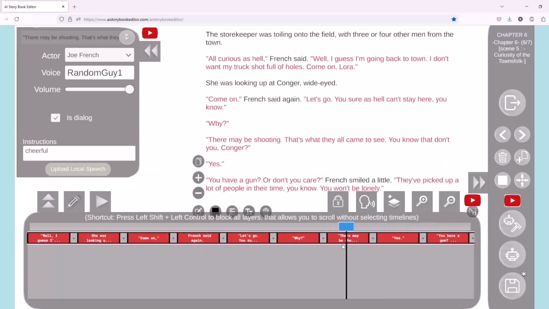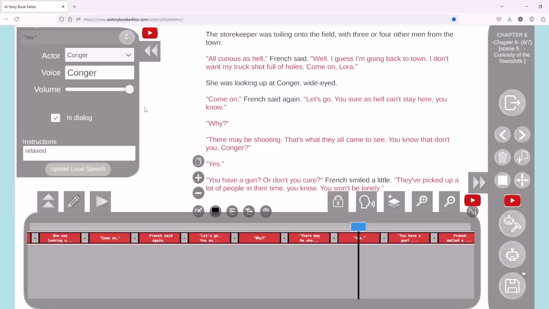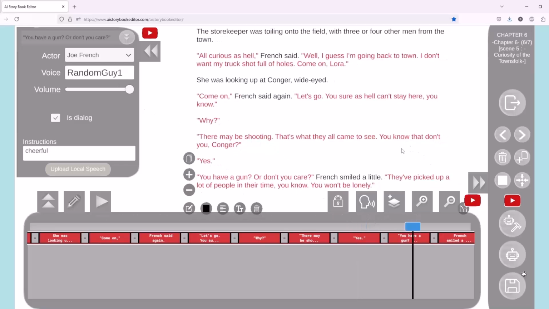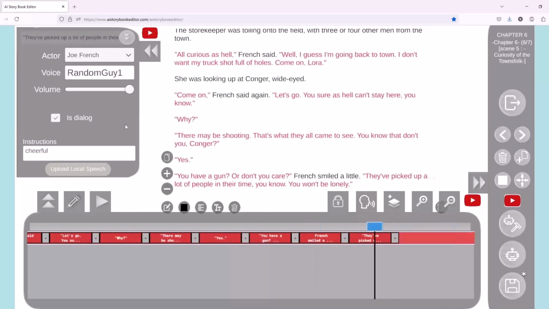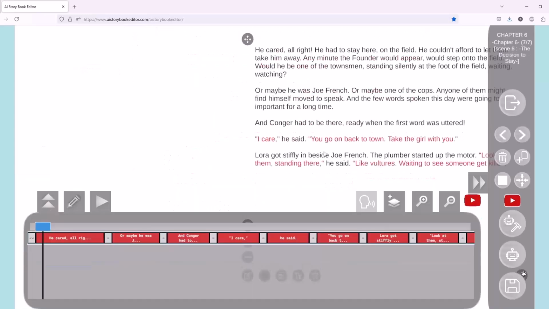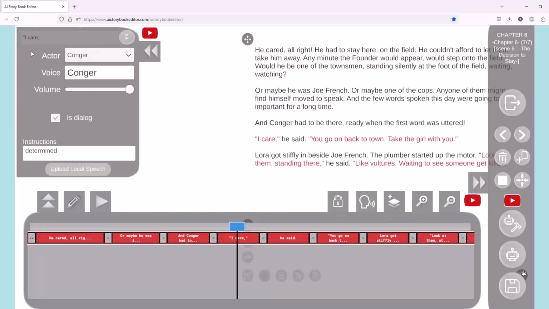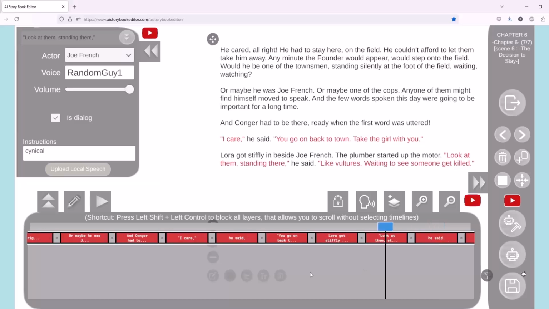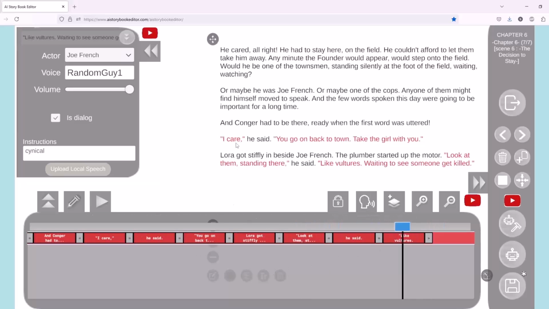This is Joe French. Conger, do you have a gun? Joe French and Joe French. This is Conger and Conger, and finally Joe French and Joe French.